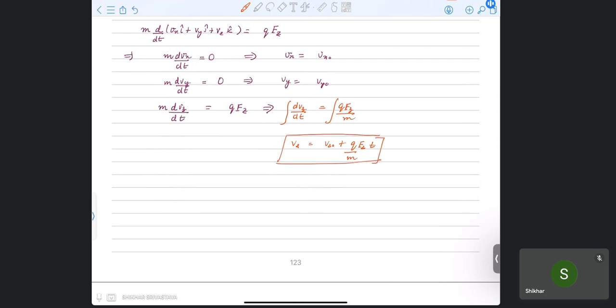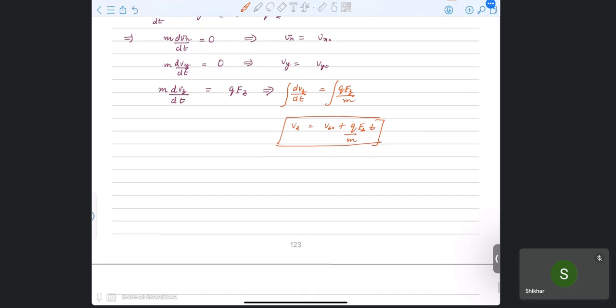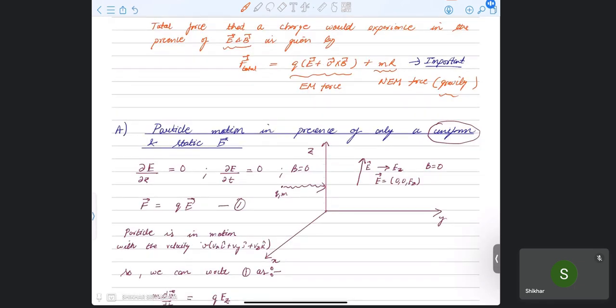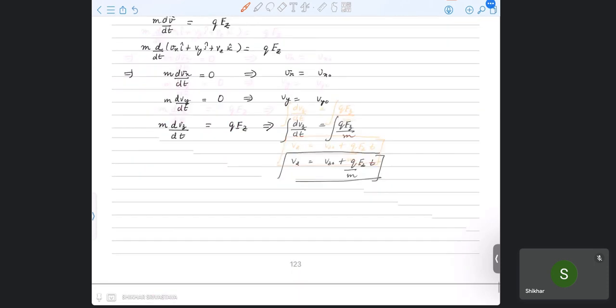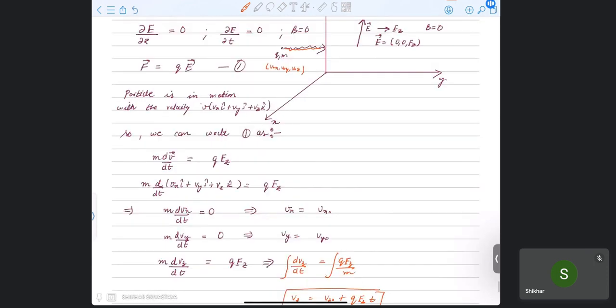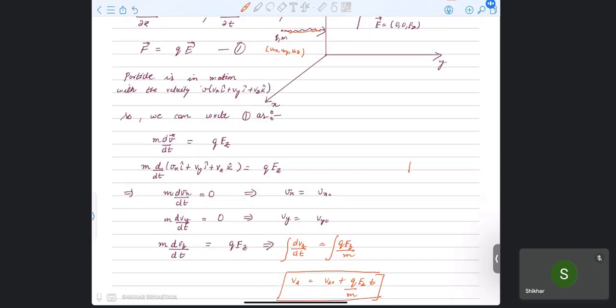So what does this signify? This signifies that if you have some charged particle coming into a region which has an electric field in the z direction, and the initial velocity of the particle is v0x, v0y, v0z, then since there is no electric field component in the x direction and y direction, there will be no acceleration in those directions.